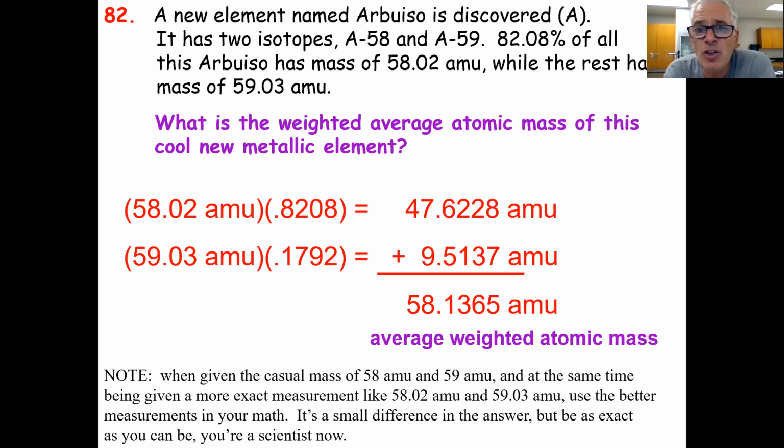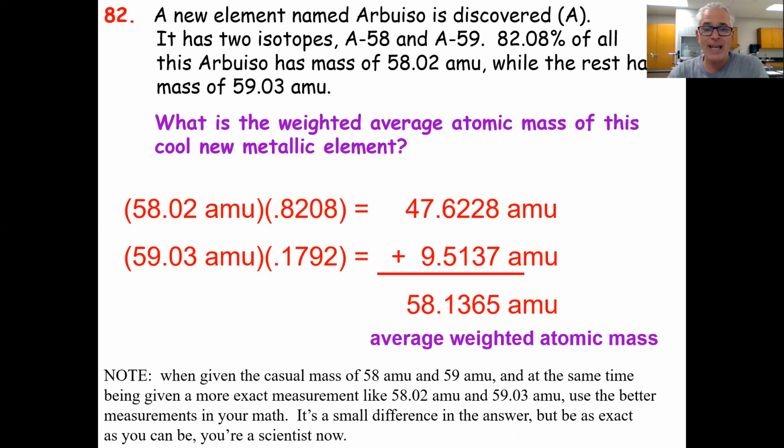Well, if 82.08% of all this stuff is one isotope, the rest, well, all of it's 100%. If 82.08% is one, the leftover part, that's the 17.92%. So when you multiply this across and then add it up, this make-believe atom has an average weighted atomic mass closest to 58, but it's actually 58.1365 AMUs.